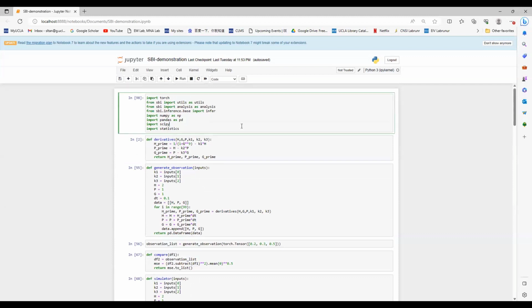Okay. I think I will begin the demonstration of how to use the SBI.